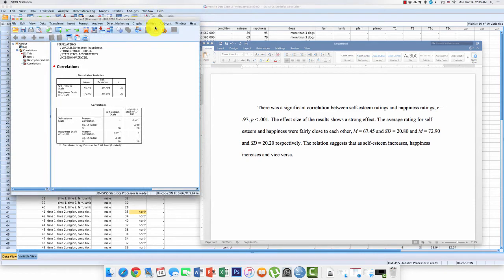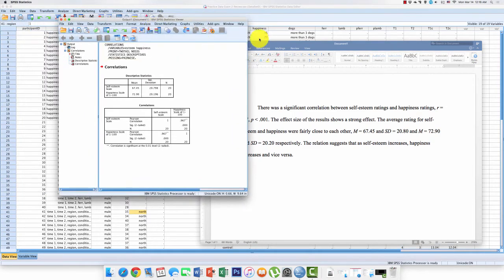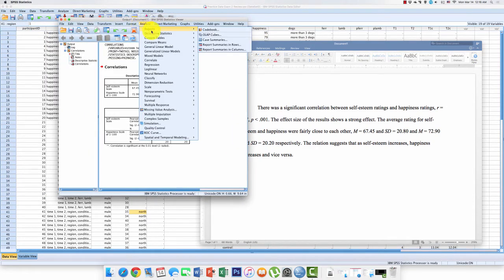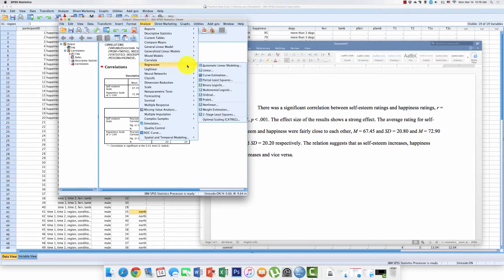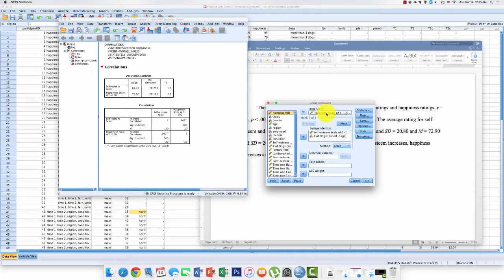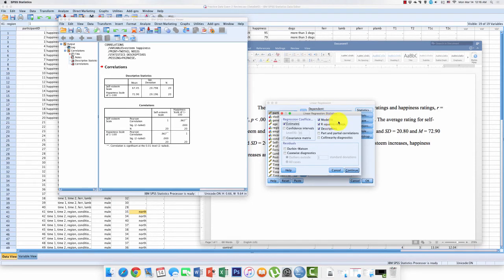Okay, so now we're gonna do that multiple regression and it's r squared. So we're gonna go to multiple regression, linear. I have as my dependent variable the happiness ratings, and my independent variables are self-esteem and the number of dogs owned. Statistics, I have my model fit. This is what you guys have to report for the extra credit, and the r squared change.